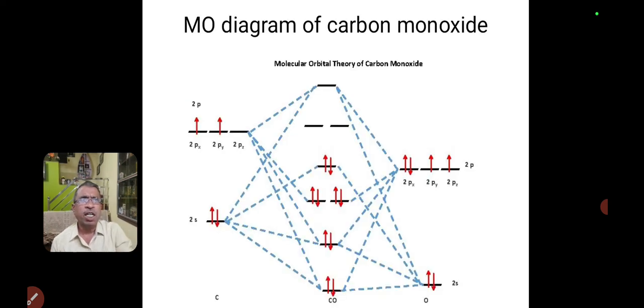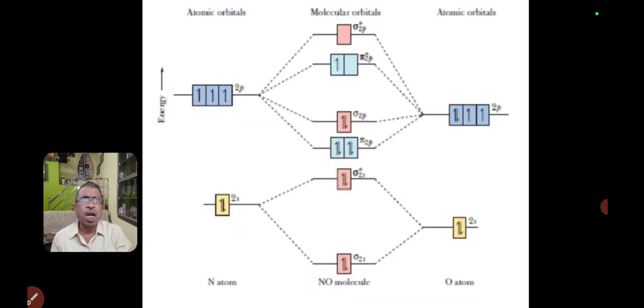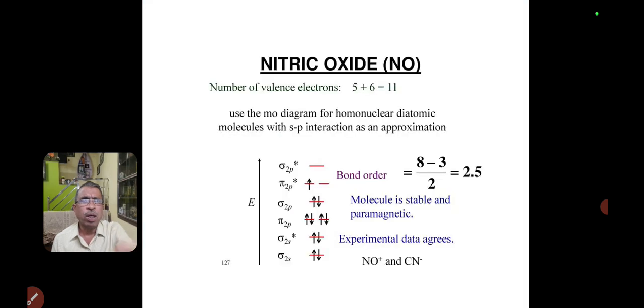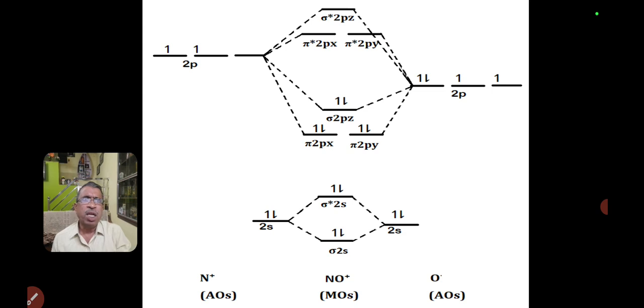Here it is showing how the 2s and 2pz orbitals are mixing, resulting in the molecular orbitals in carbon monoxide. This is the molecular orbital diagram for the nitric oxide molecule. Of course, this is another diagram for the nitric oxide molecule. This is the molecular orbital diagram for the nitrosyl ion.